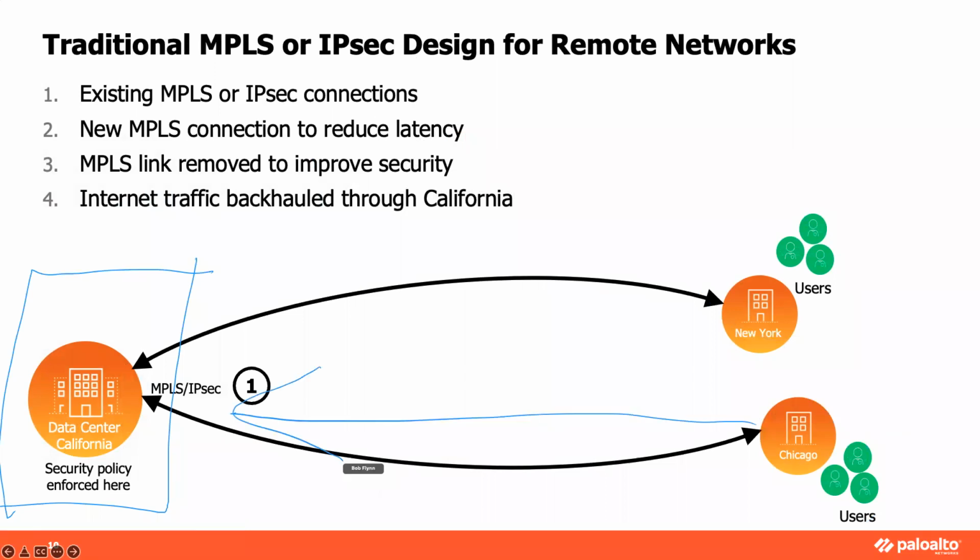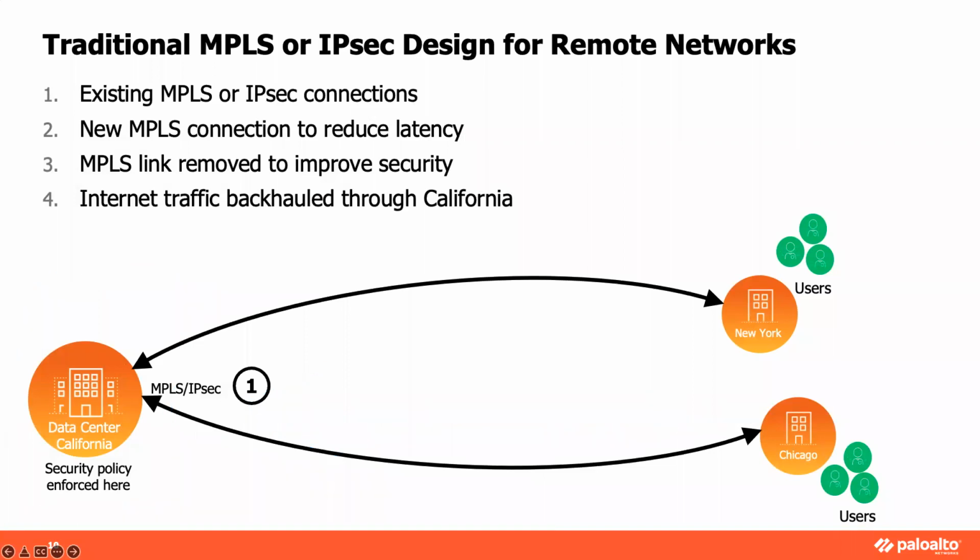And in that main data center lies all of the security solutions, your firewalls and your IPsec solutions and all those sorts of things. And if I had a user in a branch office in Chicago who had to talk to a user in New York, they would go all the way back to wherever the big data center was, in this case, California.